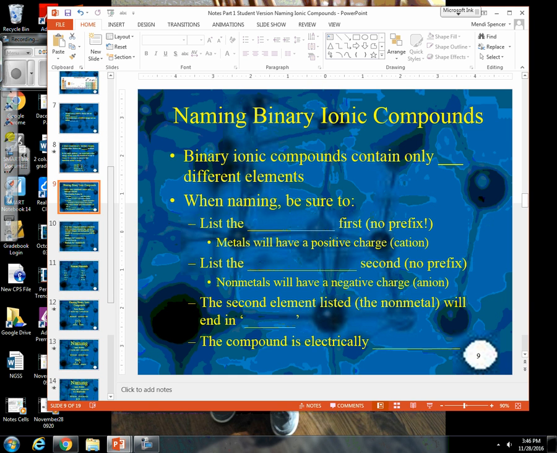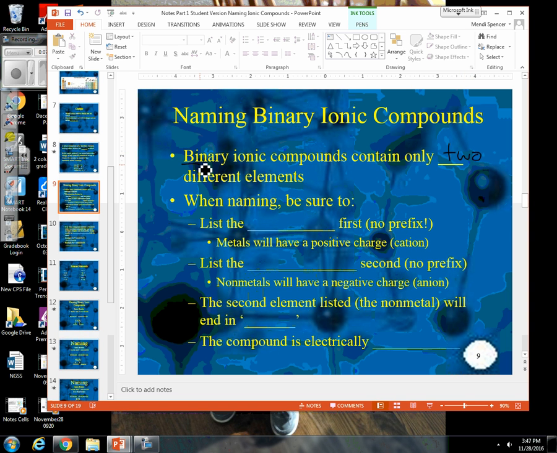So let's look at how we name a binary ionic compound. Your naming rules for ionic compounds are a little bit different than covalent, but they're pretty similar. So we have a binary ionic compound. Binary ionic compounds only contain two different elements, one metal and one nonmetal.